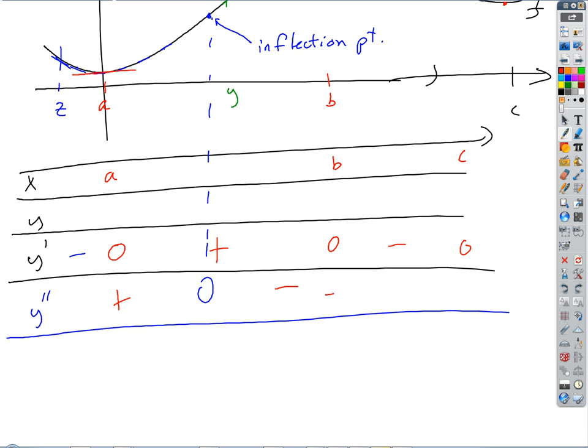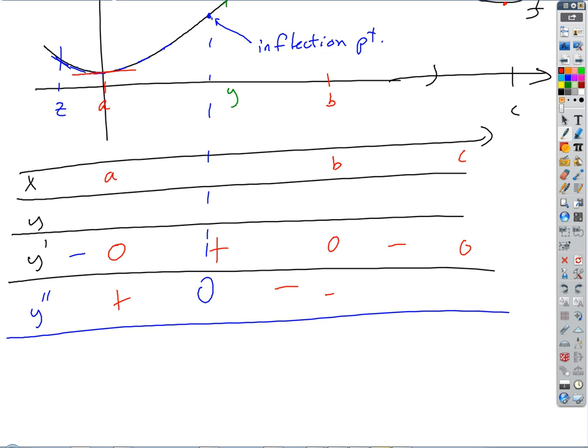But how did we find the interesting places, the relative extrema? For the first derivative, the interesting places were extrema. For the second derivative, they're going to be inflection points. How did we find relative extrema again? Find where the derivative equals 0 or is undefined, which we called critical numbers, right?